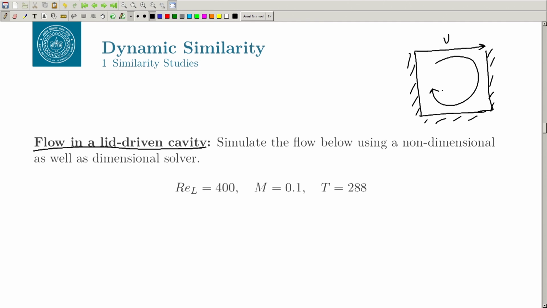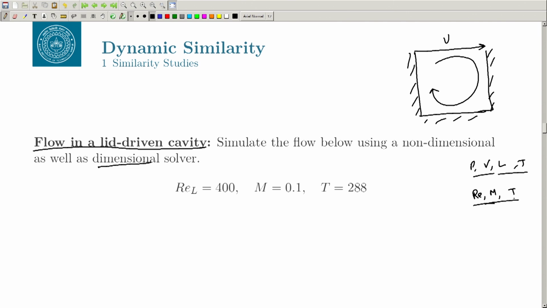Let us say that you want to simulate this flow using a dimensional solver and a non-dimensional solver. What is the dimensional solver? That means you have to assign the values of pressure, velocity, length, temperature, all those things. In the non-dimensional solver, what you need to assign is your Reynolds number and Mach number, and maybe the temperature, some scaling.